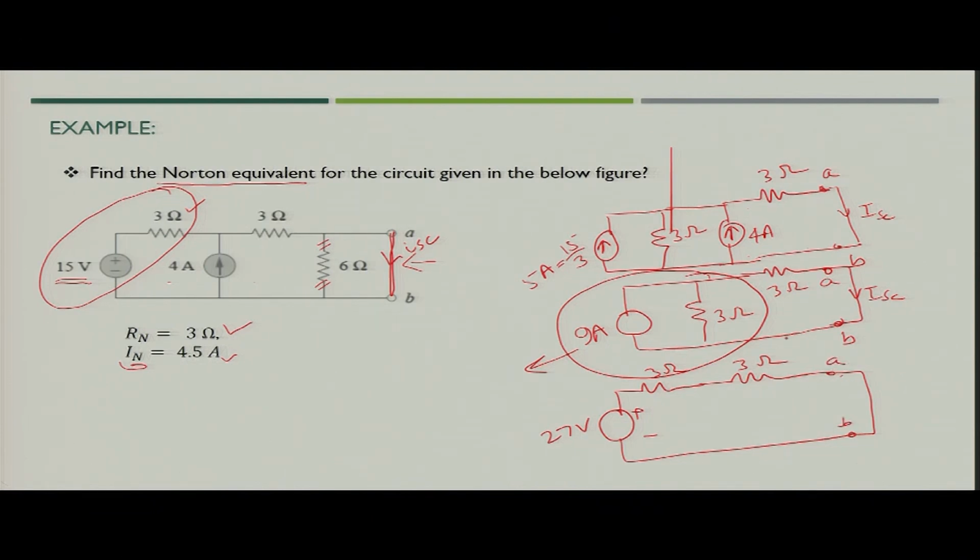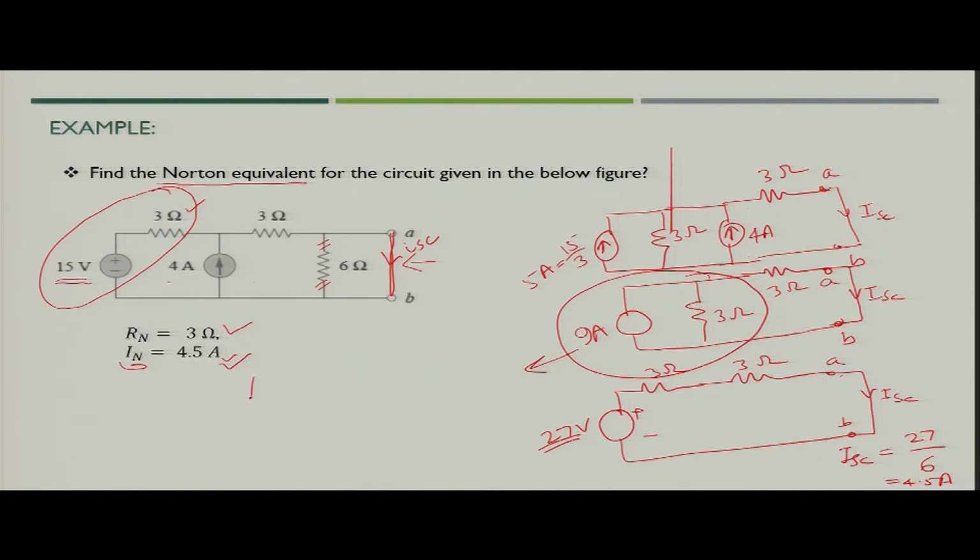Now, it has become very simple, and you can see from the circuit itself what the value of the short circuit current would be. Here the short circuit current would be the voltage source 27 divided by 6. So, what you got is 4.5 ampere. So, now you got Norton's current, that is the short circuit current, as 4.5 ampere.